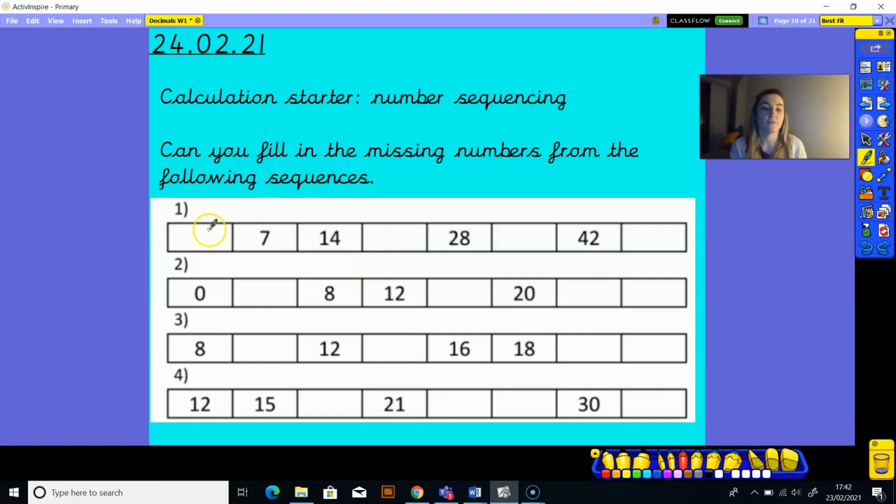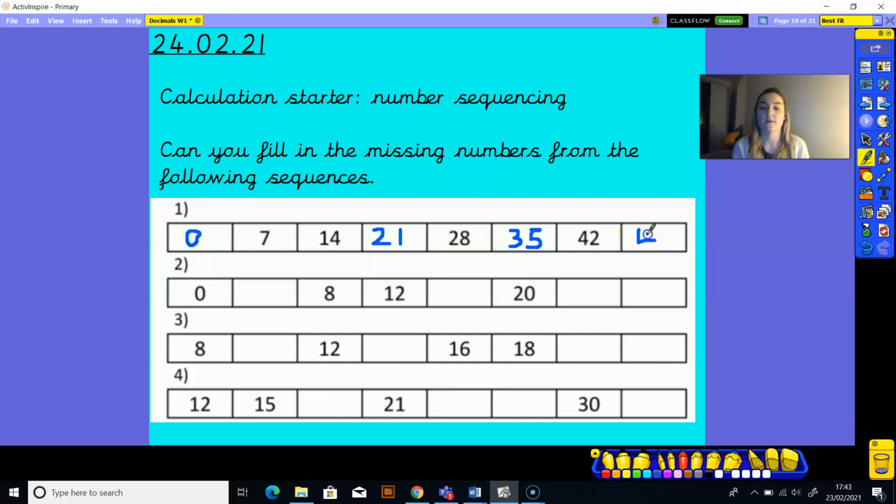So I could start at 0, 7, 14, and then I would have 3 times 7, which would be 21. And then I've got 4 times 7, which is 28, 5 times 7, which is 35, 6 times 7, 42.